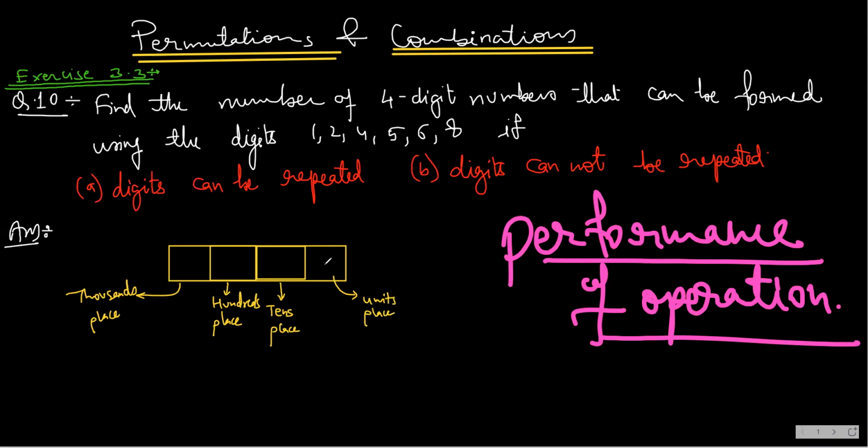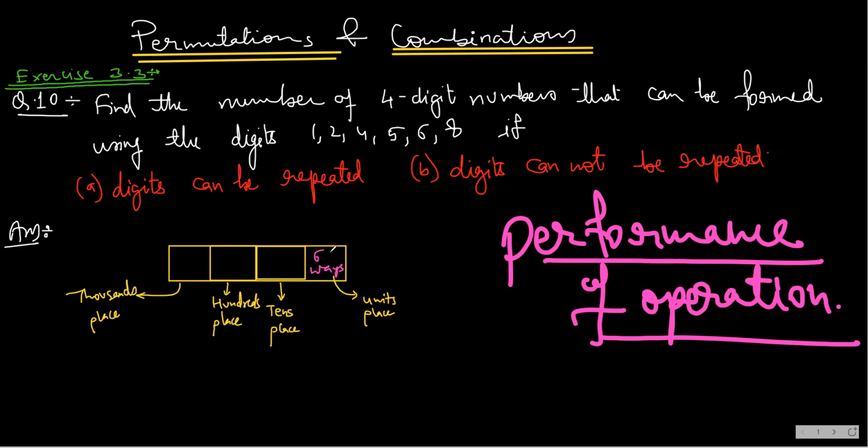So you have to fill a number here. In how many ways can you fill the units place number? You can do that in 6 ways, because there are 6 options for the units place. Any of these 6 numbers can come here.